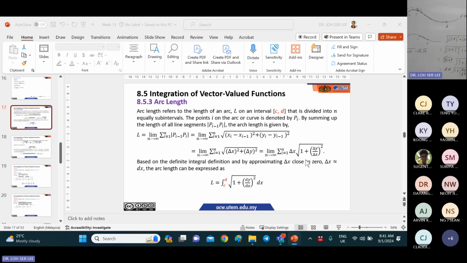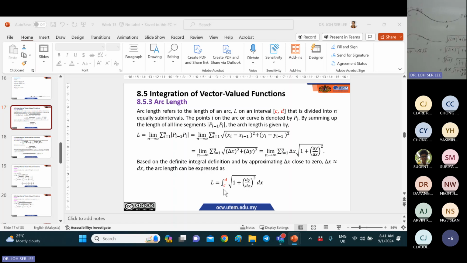When delta x is close to 0, the limit as n tends to infinity of the summation of this will be changed into this by the definite integral definition. So that's why we get this. We change the delta x into dx. Here the delta x will be this dx, and here we have delta y over delta x, squared.